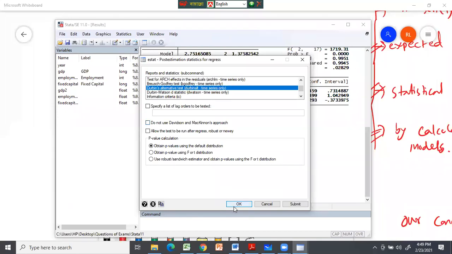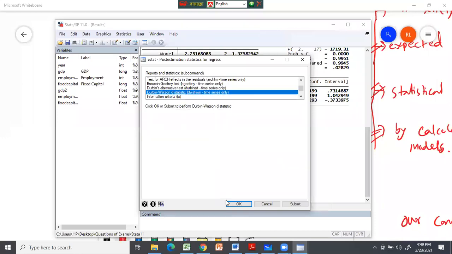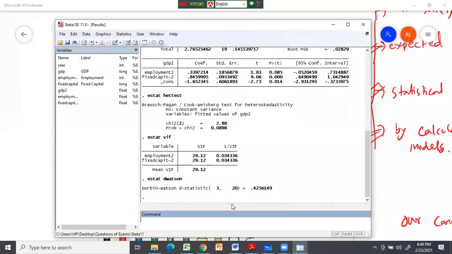So just press Durbin-Watson d statistic. It is found to be 0.425614, which also shows that the model suffers from the problem of autocorrelation. Autocorrelation means, as I told you, that the error terms are correlated. Error terms of the model from one time to another time are correlated.